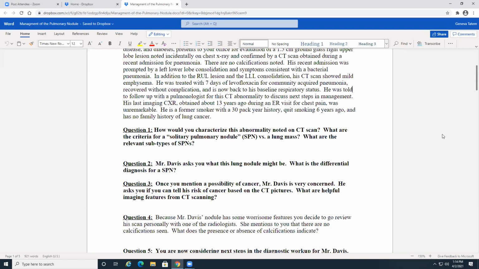That would sort of sway you along that diagnostic evaluation. But the absence of them really doesn't change what you're thinking in terms of your differential diagnosis. So you're now thinking sort of what your next steps are for him. And what are your current recommendations?